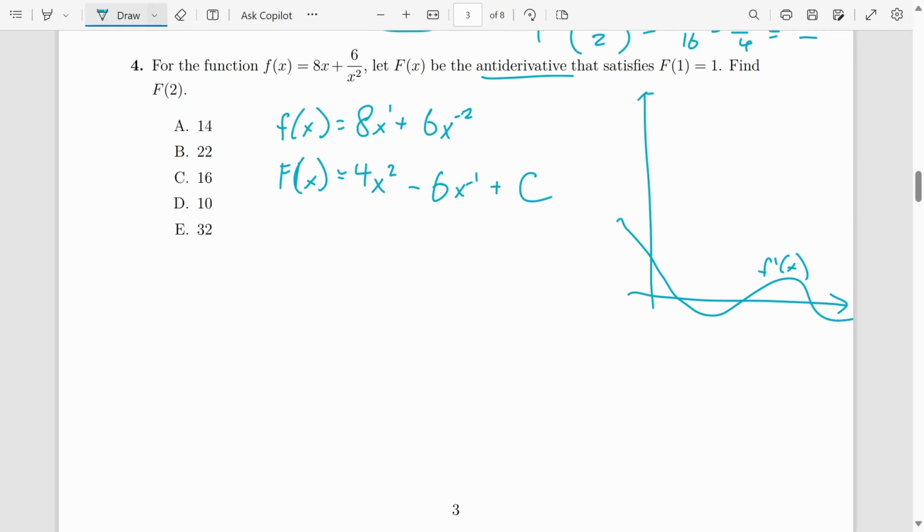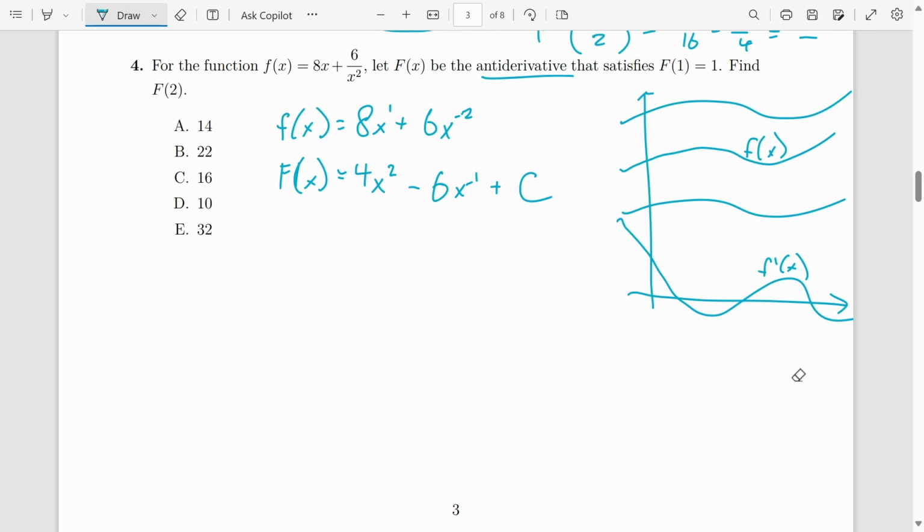Fortunately, we can do the antiderivative of it and get back to the same shape of what f of x looks like. But the slope data does not tell us vertically where this function was. We don't know if it was right there, or maybe it was up here, or down there, or wherever it was. The slope doesn't tell you how high up or low vertically f of x originally was.